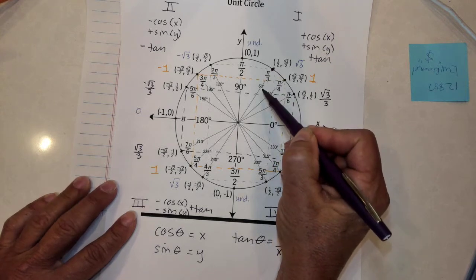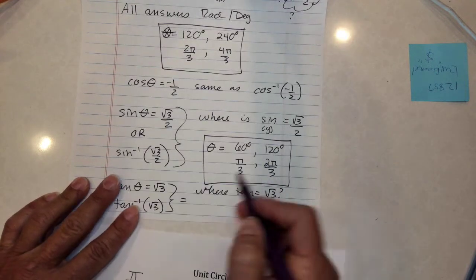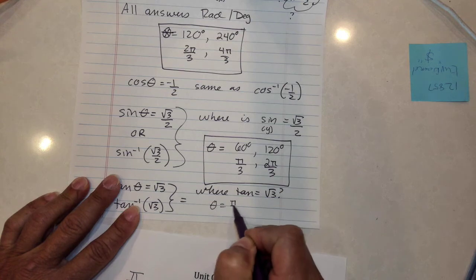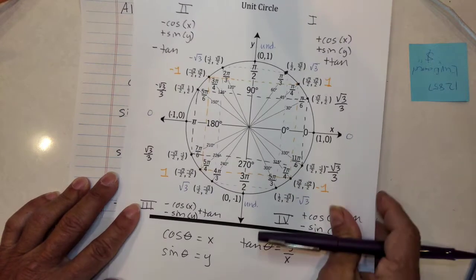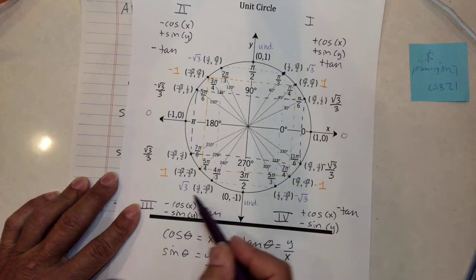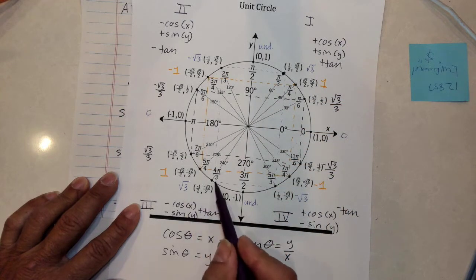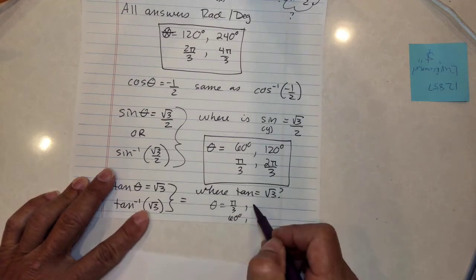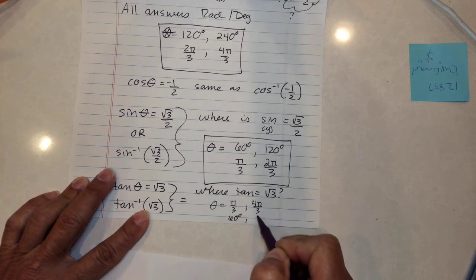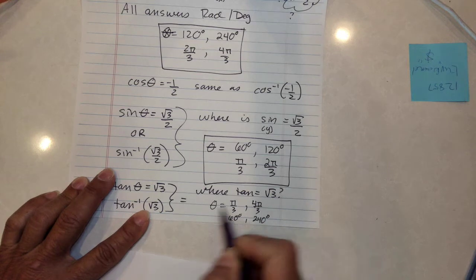So pi thirds or 60 degrees is going to be my first answer. And then my second answer should be with tangent straight across from that. And there it is. There's my positive root 3. That's at 4 pi thirds or 240. So my answer would be 4 pi thirds or 240.